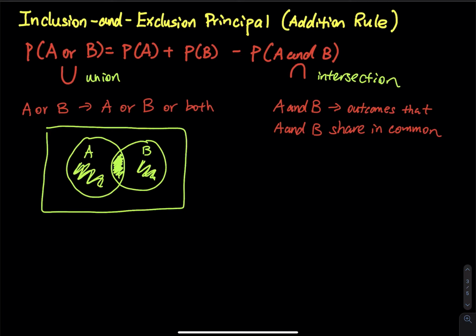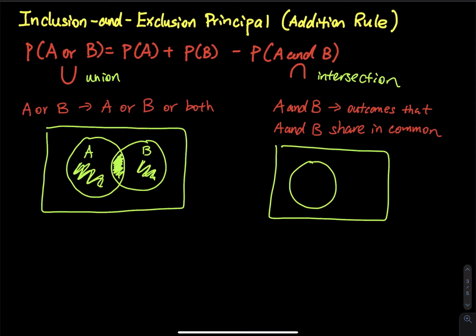A and B is what A and B share in common. So we draw another Venn diagram. We have A, and then we have B. For A and B, I want what they share in common, which is the intersection. So that is the upside down U. The A or B is this letter U that stands for union.